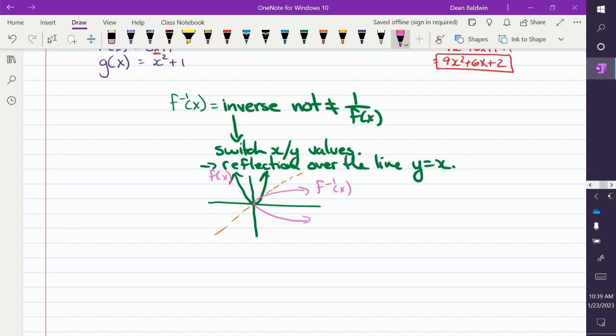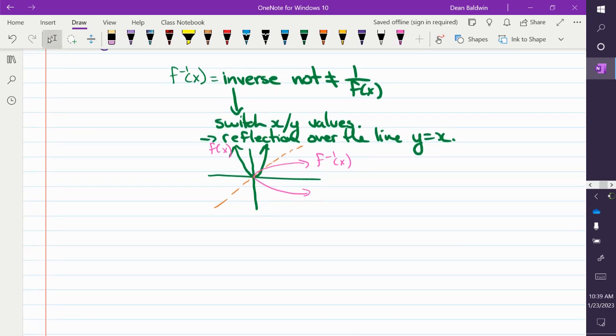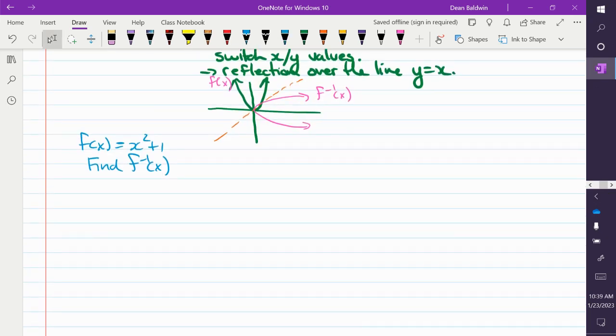Oh, how do you generate the equation of an inverse? Yeah, so if I have f of x is equal to x squared plus 1, and I say find f to the minus 1. Switch your x and y. F of x is the same as y, so we're going to say x is equal to y squared plus 1.